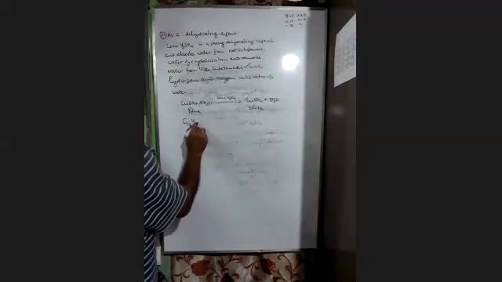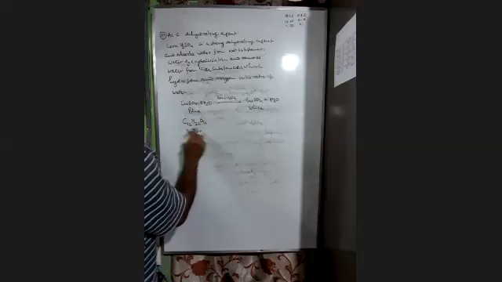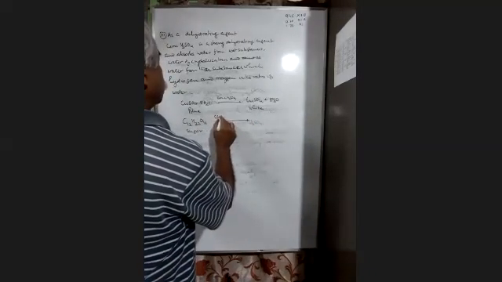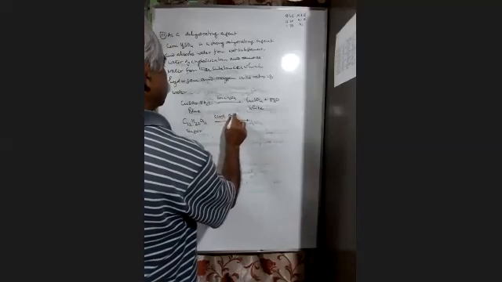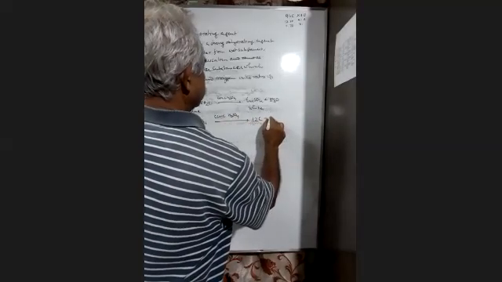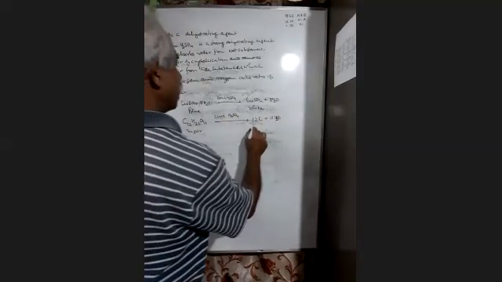Now, let me take this. C12H22O11. See, this is sugar. In water, the ratio of hydrogen and oxygen is 2:1. See, it is 2:1. So, if you drop sugar in concentrated H2SO4, you know sugar is colorless. You will find at the bottom of the test tube, you are getting some black powder.